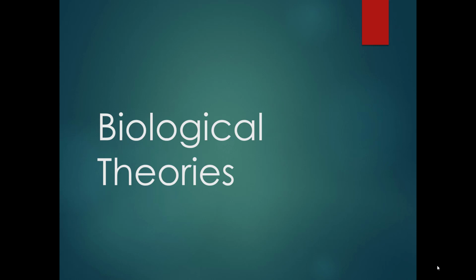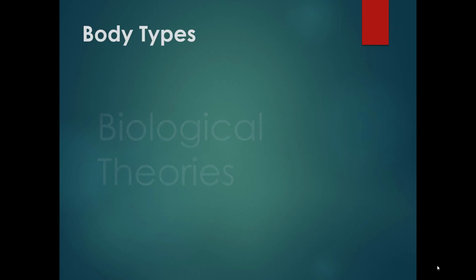We're going to take up that thread and start to look at some of these other theories that came out of that school, but came a little bit after. So one theory of criminality that was very popular in the 1940s and the 1950s was this idea of body types. By the way, the original research that was done here was not done with adults, but was done with juvenile delinquents.